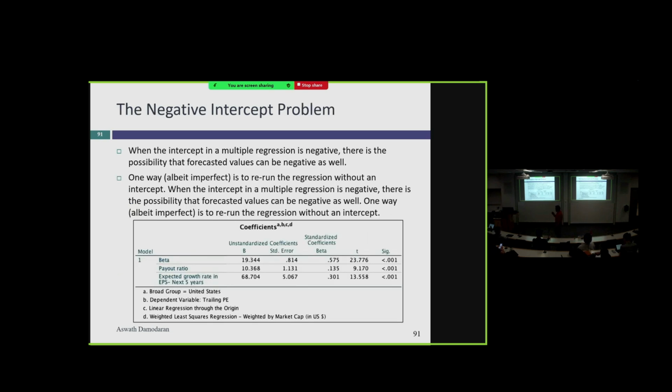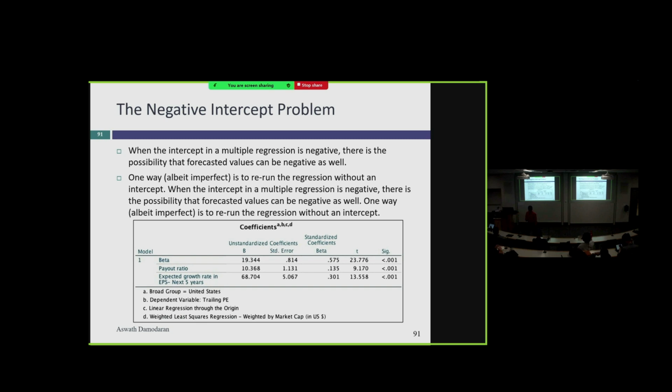And finally, and this is again a statistical problem that becomes a problem for us in predictions. When you run a standard regression, the intercept can be negative. What does that mean? Nothing really. It's just because, remember, it's fitting a best fit line. If the line has enough of an angle to it, you're saying so what? If you have a negative intercept and you try to use that regression to make predictions on PE ratio, you can end up with a negative PE ratio for a company if the intercept is negative enough. You're saying, can I just make the negative into a positive? No, that doesn't work.